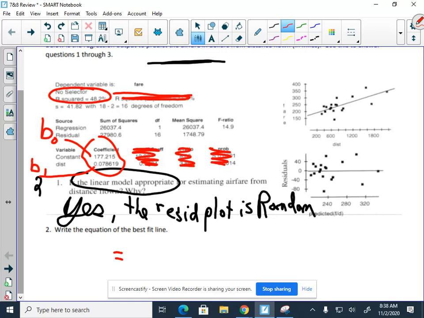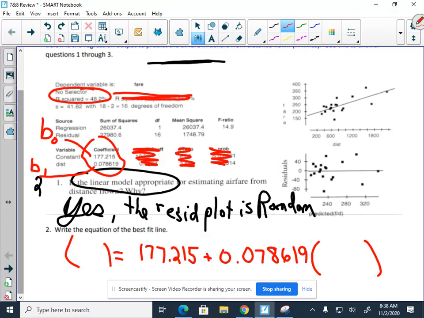So if we start filling it in, y-hat equals B0 plus B1 or minus B1, depending on what it is. And this is X, and this is Y. We already determined X and Y back up at the top of the problem. You could go back and look at that.